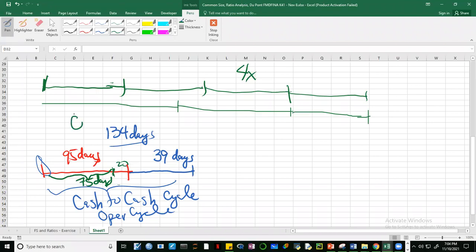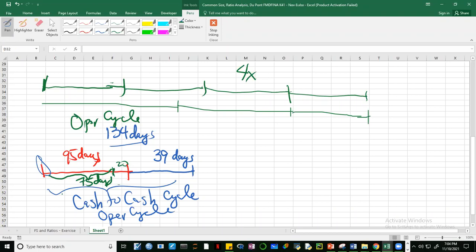So your operating cycle, 134 days, halos more than 1/3 of a year. Di ba? So si direct competitor natin, after 75 days, na-collect na niya. After 75 days again, cash to cash na yan, no? From the acquisition of raw materials to manufacturing down to the collection.